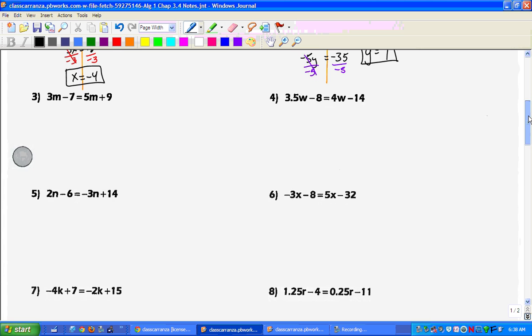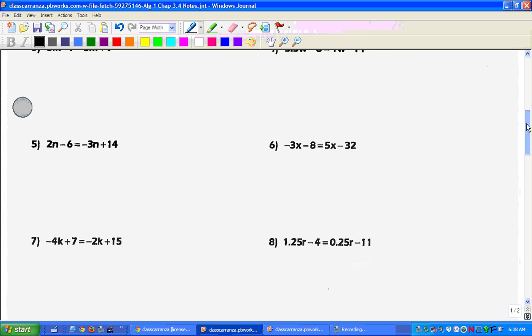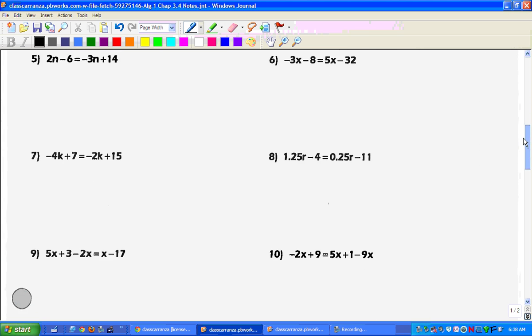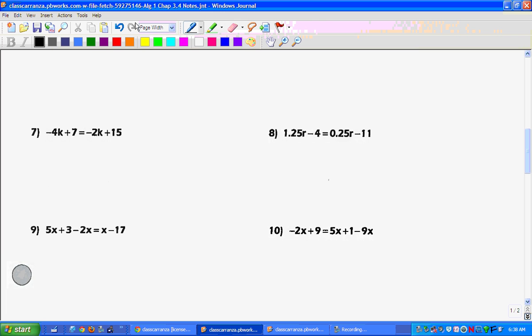All right, let's scroll down a bit and find a little bit harder one. Let's go with 8. Let's do some decimals. There's no simplifying that we need to do, so we need to move our variables to one side. .25 minus 2.5 is actually 1.